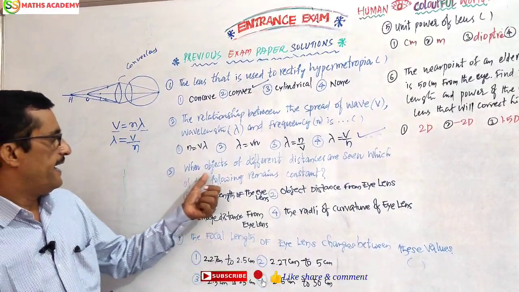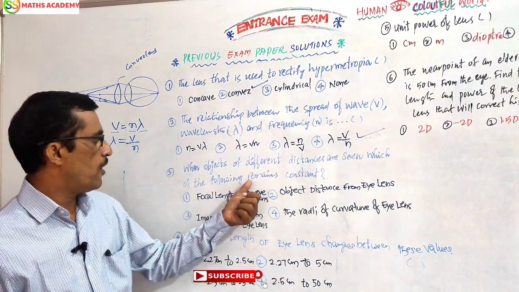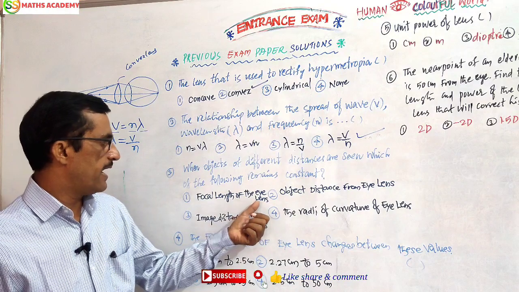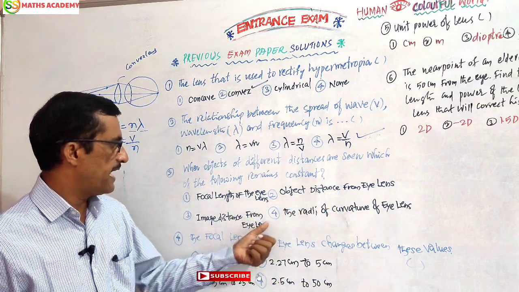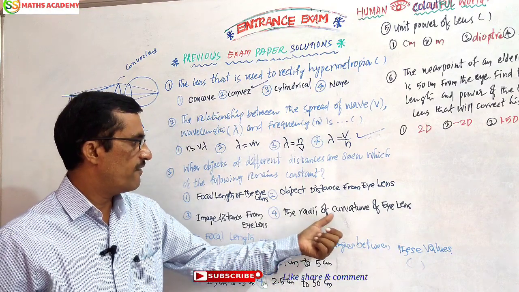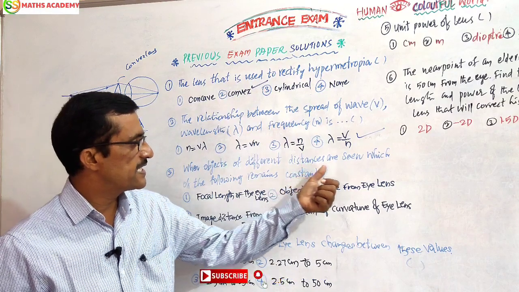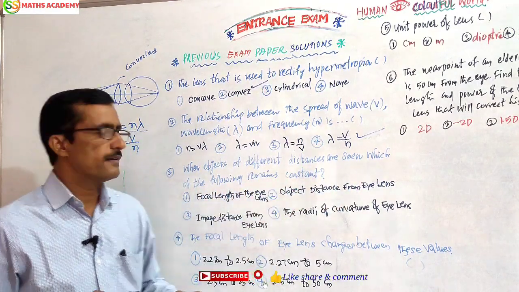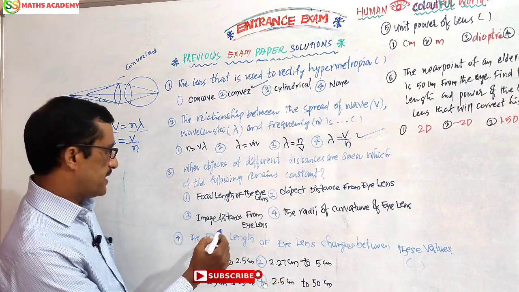Next, when objects at different distances are seen, which of the following remains constant? Focal length of the eye lens, object distance from the eye lens, image distance from the eye lens, or the radii of curvature of the eye lens. So children, which is constant?